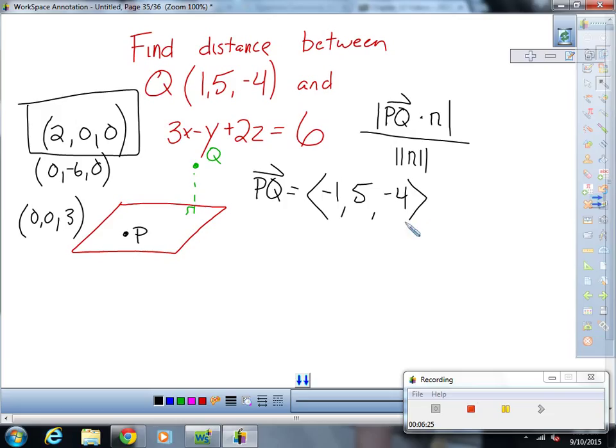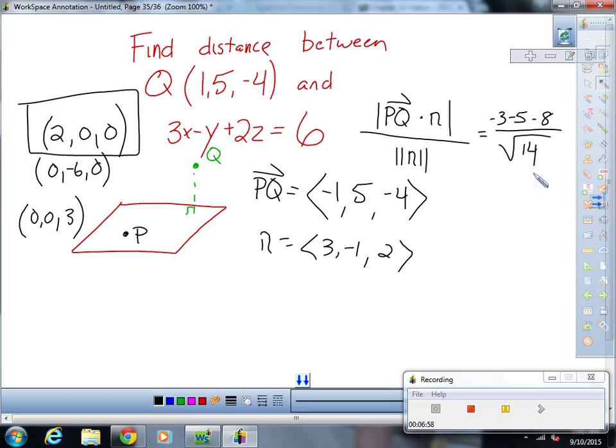So PQ dot N, N is (3, -1, 2), so PQ dot N is negative 3 minus 5 minus 8. The magnitude of N is going to be 9 plus 1 plus 4, so radical 14.